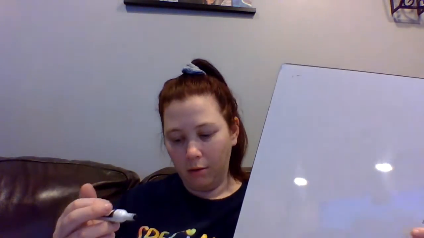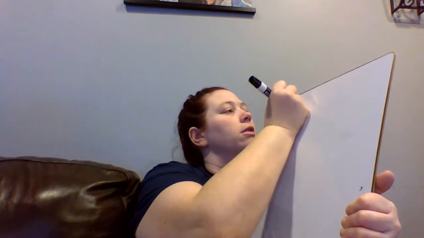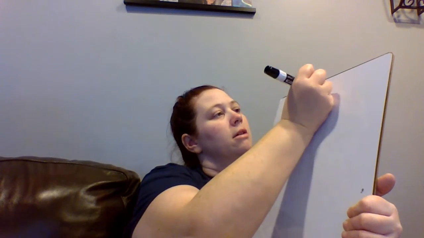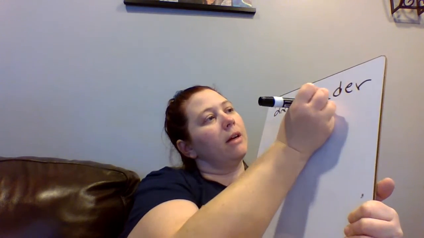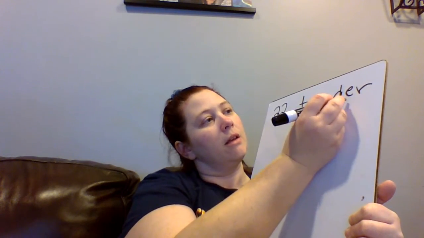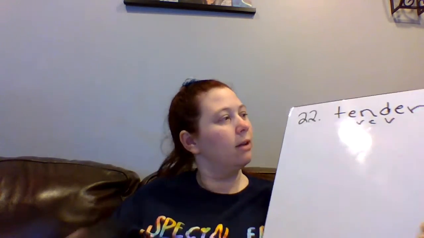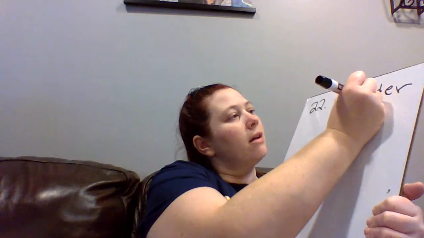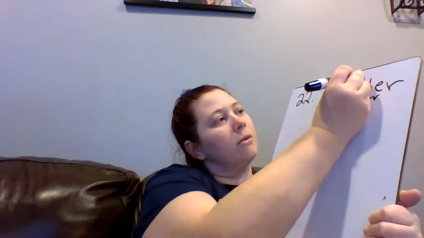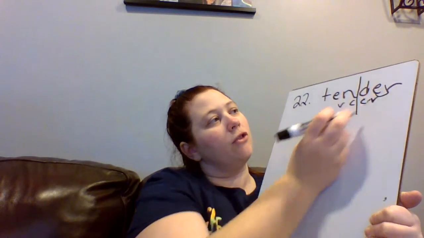All right, number 22, tender. Here we have vowel, consonant, vowel. Wait, sorry, that's not right. That's why it's so used to that vowel, consonant, vowel now. Vowel, consonant, consonant, vowel. So we're going to draw our line there. We also have combination ER here.